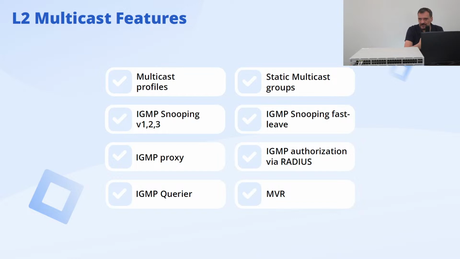The IGMP query and IGMP proxy functions are becoming of more importance than usual, as you may assign the switch the function of both: it will act like a query for the lower layers of the network, as well as a client for the upper layers of the network, thus segmenting the multicast traffic, freeing the channels that convey the multicast, and making easier the job of the multicast routers in the network.